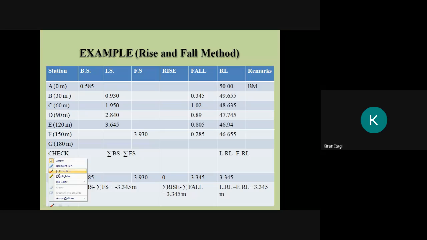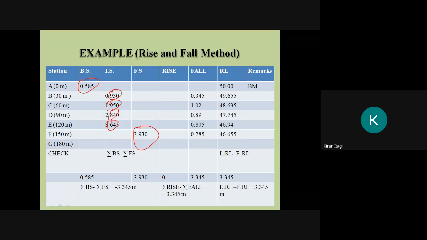Okay, here also we have one example. They have given the readings. We will get a fall, this minus this we will get negative. Again, this minus this we will get negative. And finally this one. We have got the RL here.